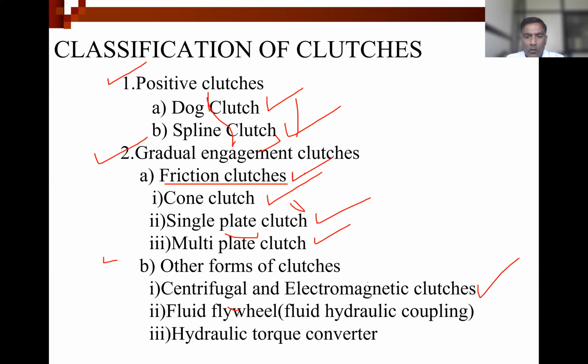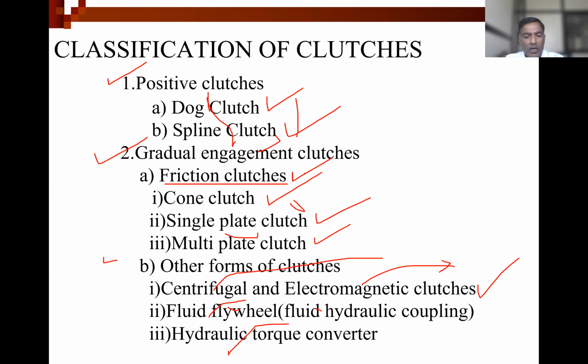This centrifugal clutch works on the principle of centrifugal force. This one works on electromagnetic force. Then use of hydraulic power. Based on that, there is one more clutch, which is called a fluid flywheel, or simply fluid coupling. So here it is given as fluid hydraulic coupling.